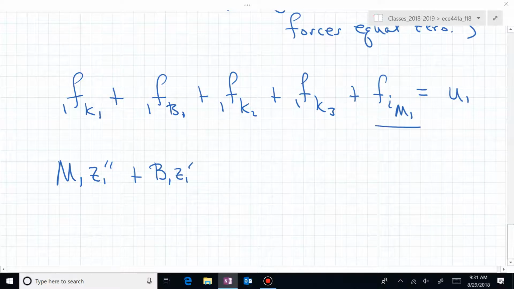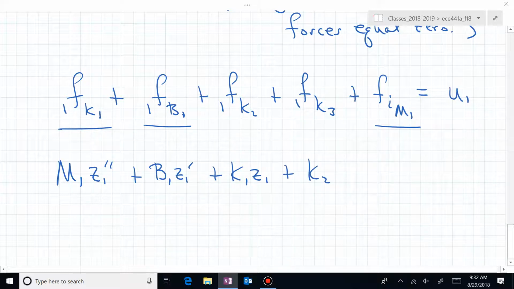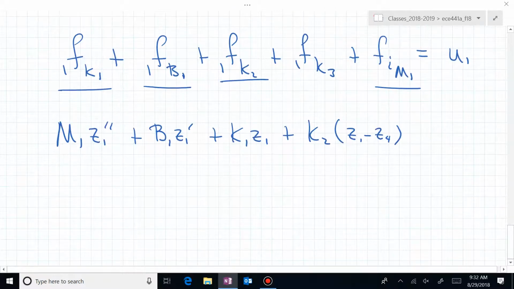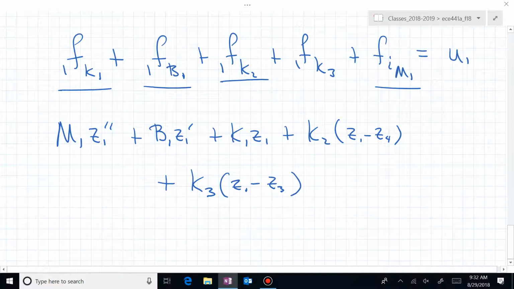So I've accounted for that one. I've accounted for that one. Plus K1 Z1. There's that one. Plus K sub 2. Where was that one? That one was Z1 and Z4. Z1 minus Z4 plus K sub 3, Z1 minus Z sub 3 equaling U1.